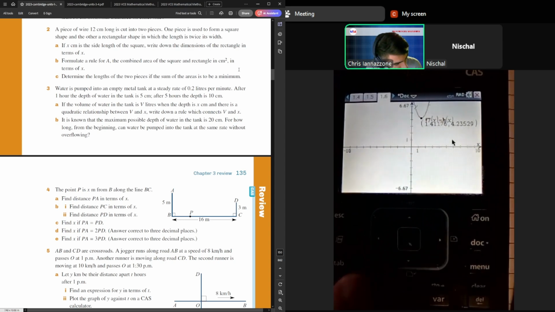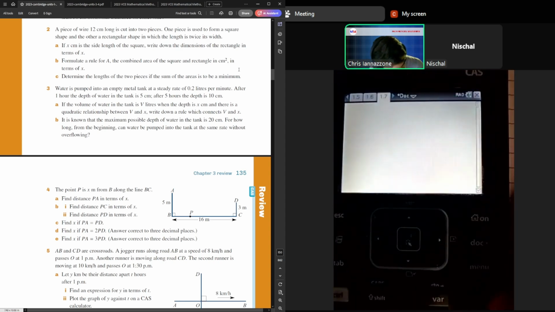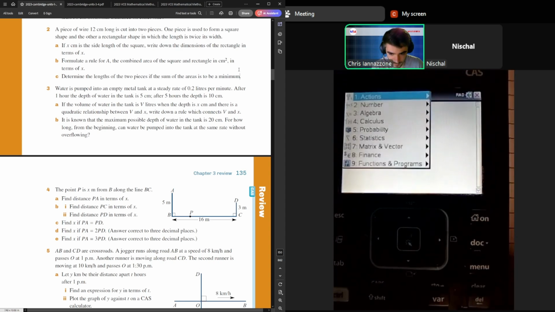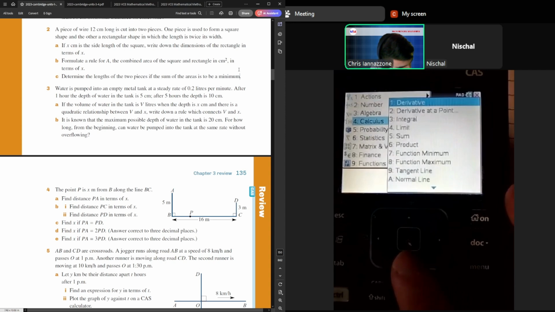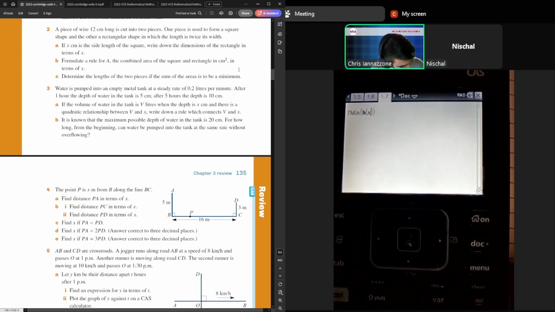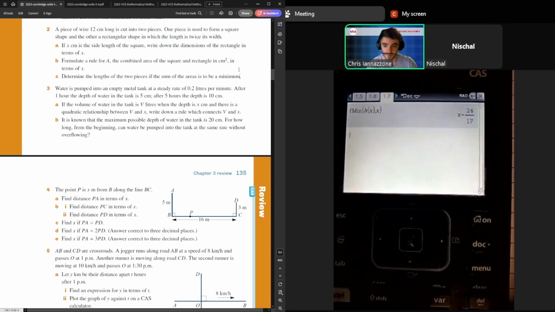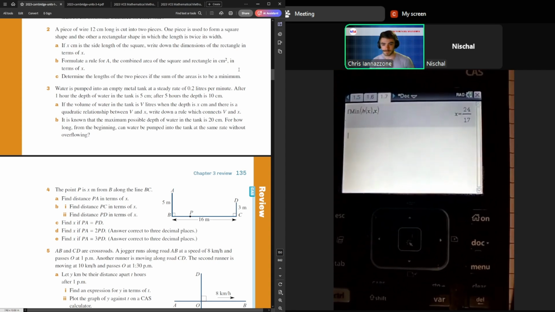And so better is to go back to the calculator tool and use this thing called function minimum. So that's under the calculus menu, and it's all the way down here at 7, function minimum. And when you plug in the name of your function and then comma x, you're going to get the x value for which you have a minimum.